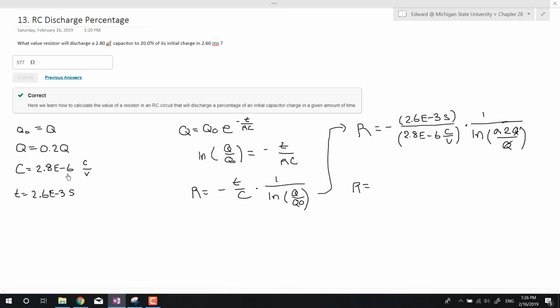So natural log of 0.2, 1 divided by that. So 2.6 e to the minus 3 divided by 2.8 e to the minus 6. Okay, looks like I just typed in the wrong number, guys, but we did indeed get 577 ohms.